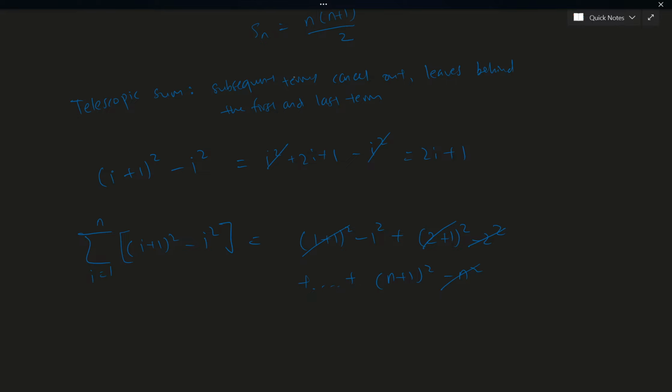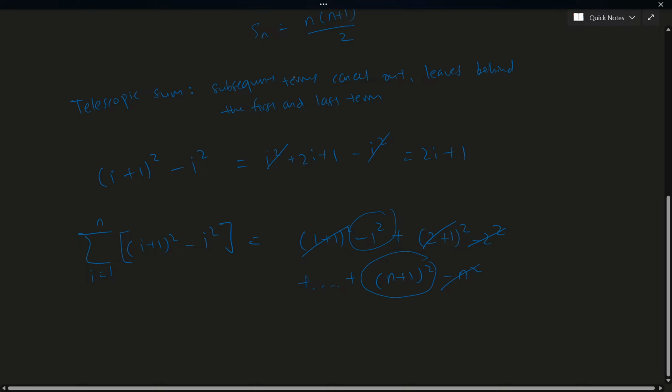So what we have left is these two terms. This is a telescopic sum.